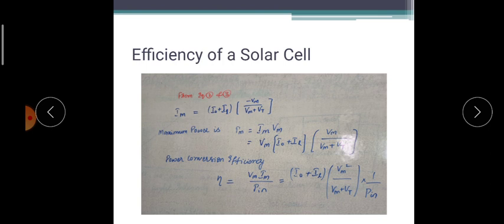The value of incident power is nearly equal to 1.35 kilowatt per meter square on a normal sunny day.